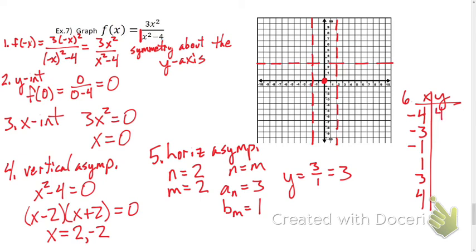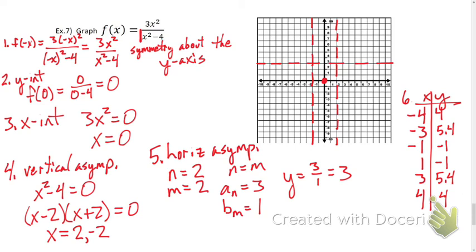I get 4, 5.4, -1, -1, 5.4, and 4. All right, let's plot those points and we'll be done.